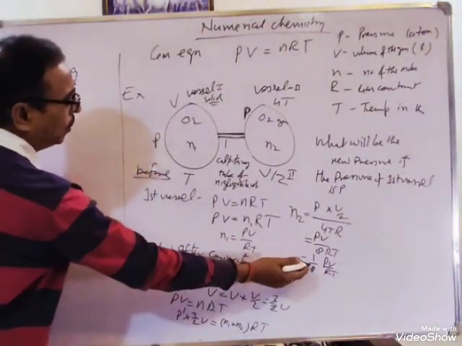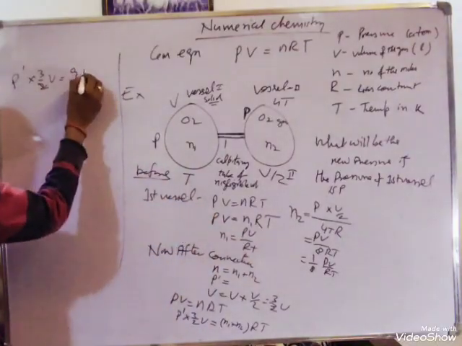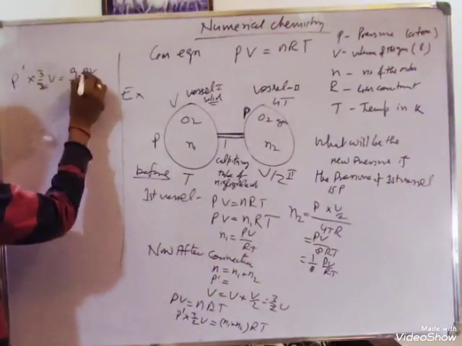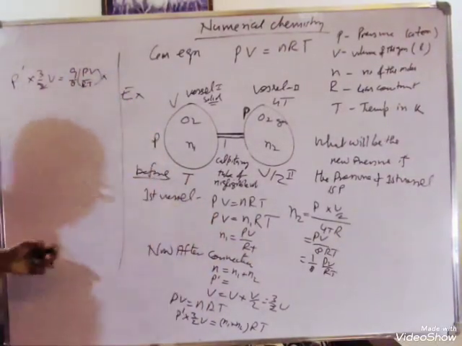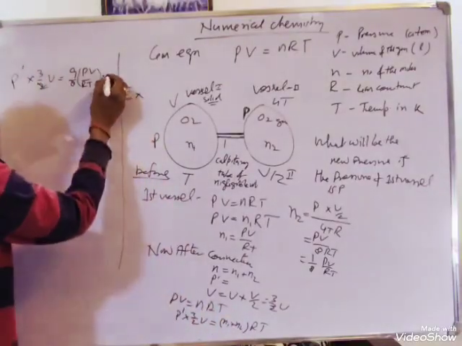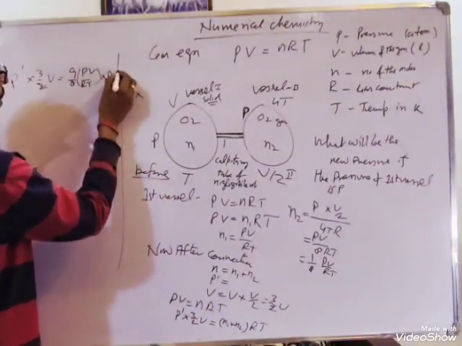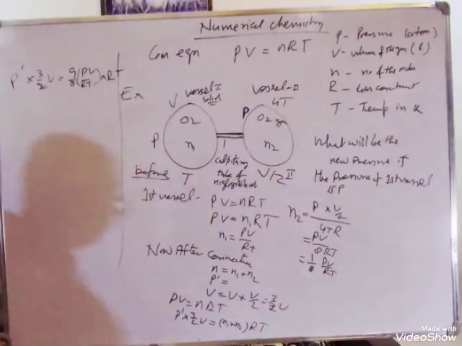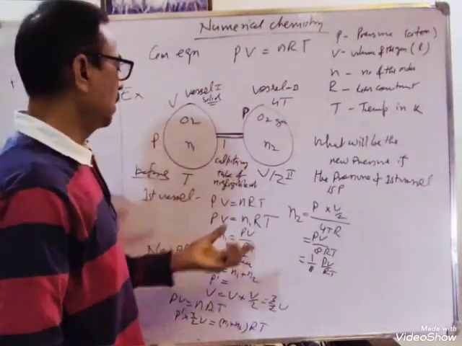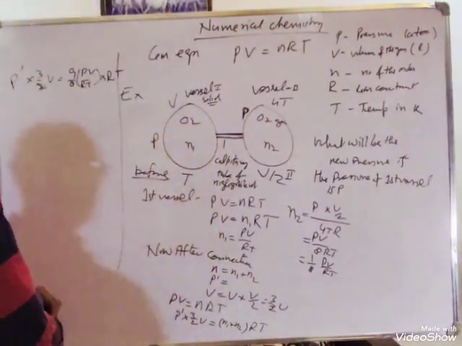N1 plus N2, you sum PV by RT into R, into temperature T. Temperature T means the common temperature.